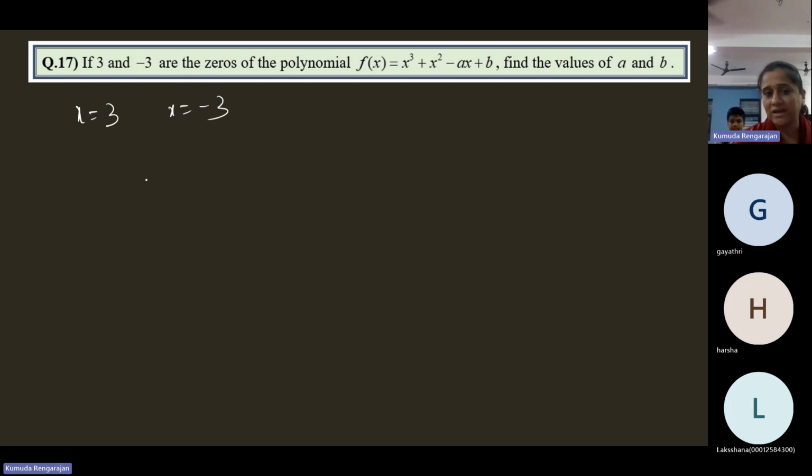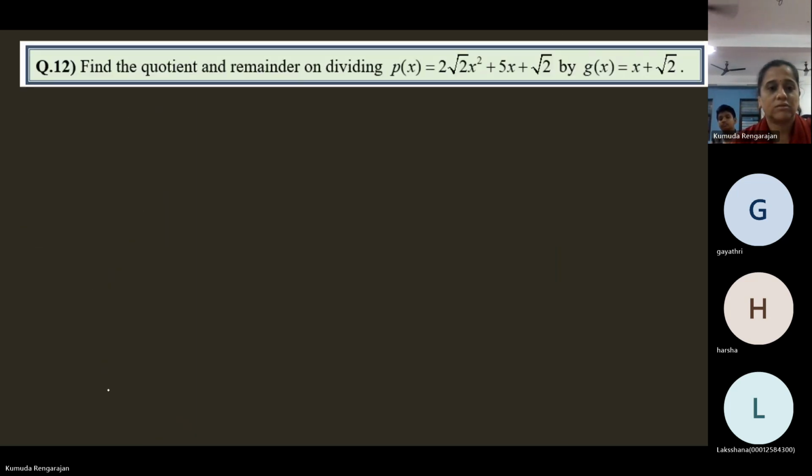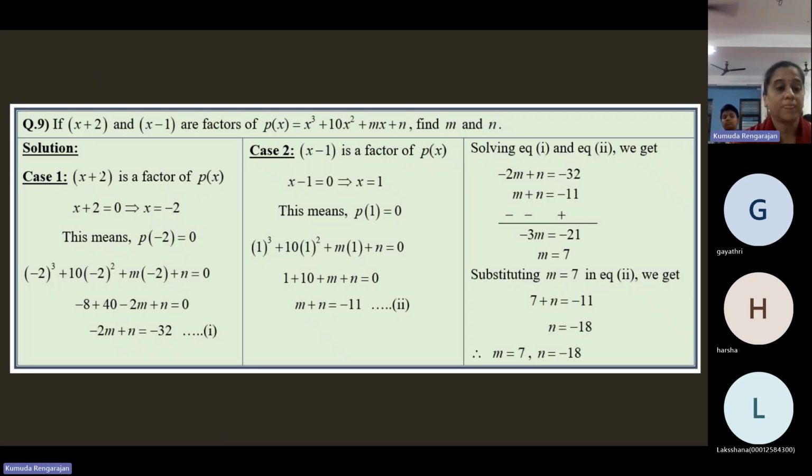See, normally the factor is given, like x plus 3. So you will equate it to 0 and find the value of x, and then you will find the value of the polynomial at x is equal to minus 3. Normally the factors or the divisor is given to you. See here, x plus 2, x minus 1.